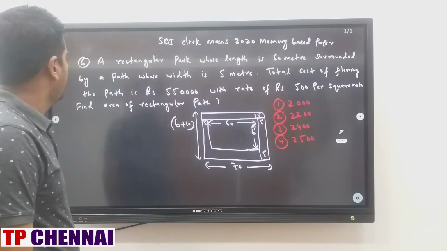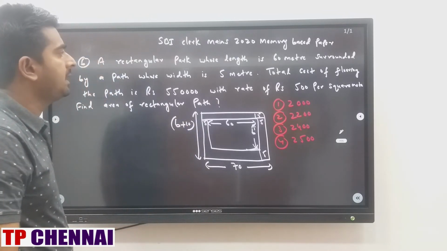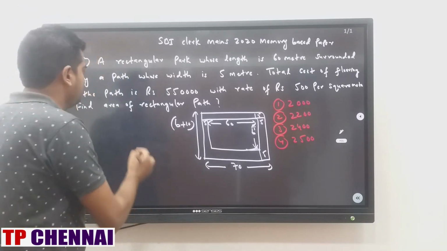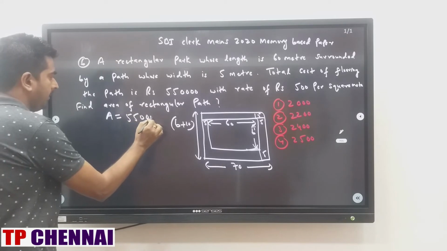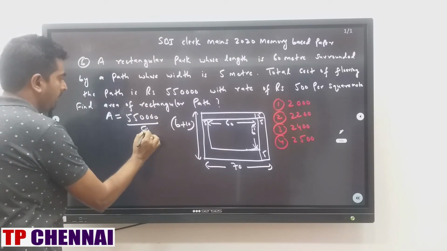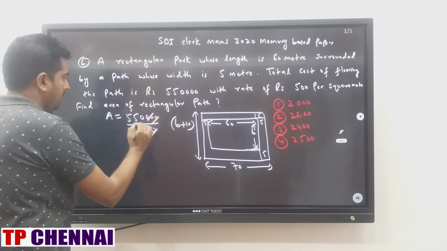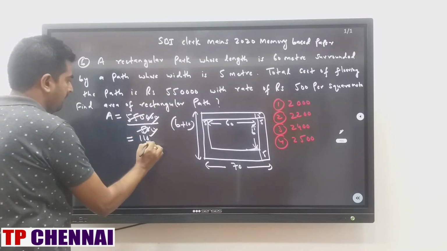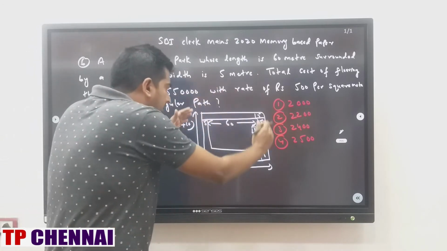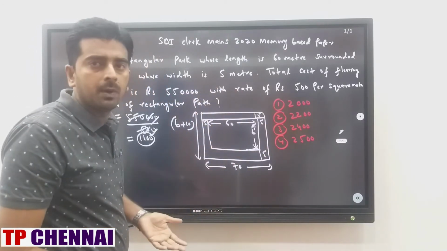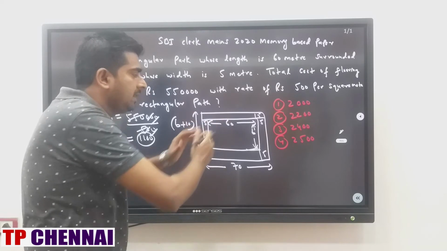So the total cost of flooring the path is rupees 5,50,000 at the rate of rupees 500 per square meter. So what is the area? Area will be 5,50,000 divided by 500. This is 1100. Right? How to calculate the area of the path? Area of the bigger rectangle minus area of the smaller rectangle.